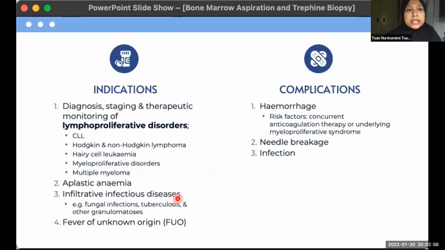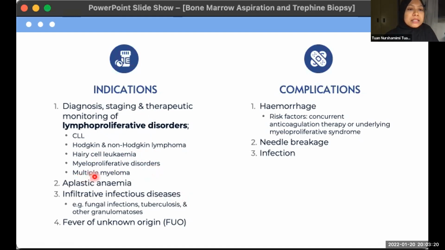So what are the indications for bone marrow aspiration and biopsy? First we have the diagnosis, staging, and therapeutic monitoring of lymphoproliferative disorders such as CLL, Hodgkin lymphoma, and hairy cell leukemia, myeloproliferative disorders.